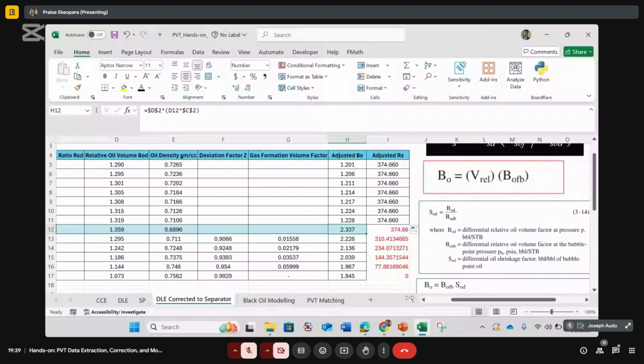Okay, just a minute because my battery is low, so I'm trying to see if I can switch my system.